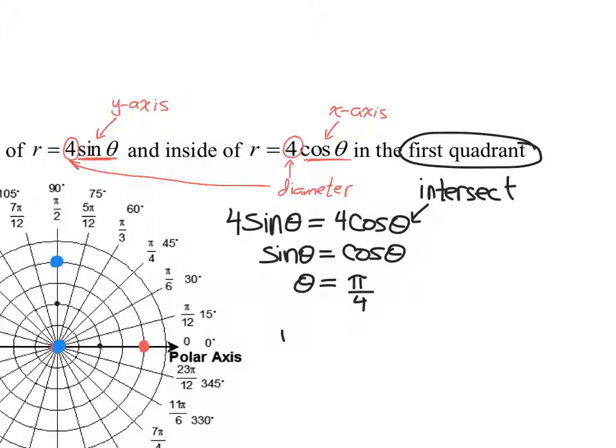All right, so r equals 4 sine theta, r equals 4 cosine theta. I'm going to evaluate each of those for theta equals pi over 4.